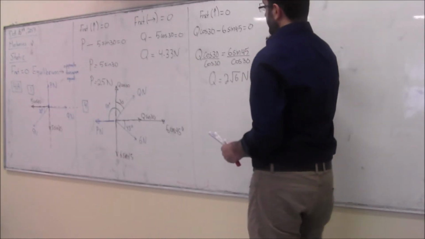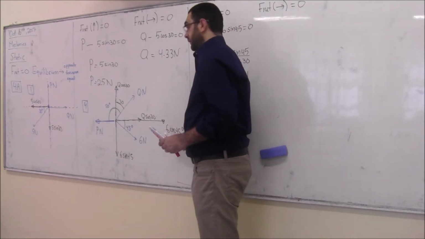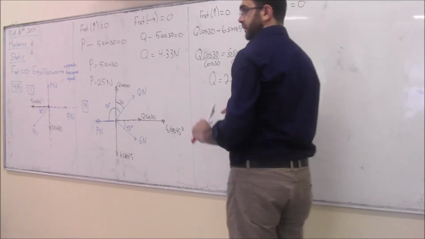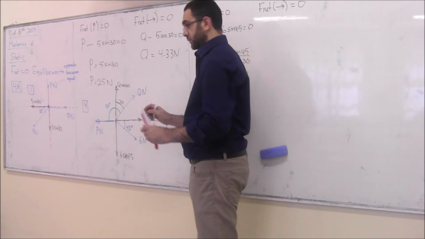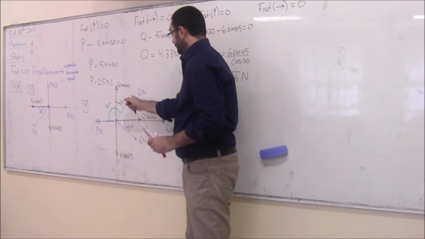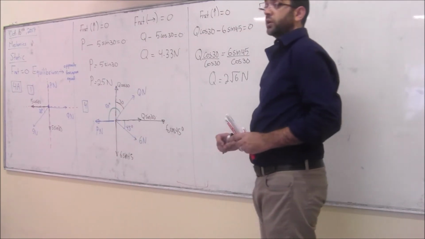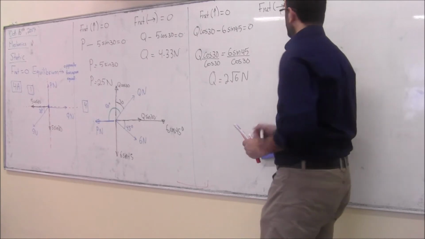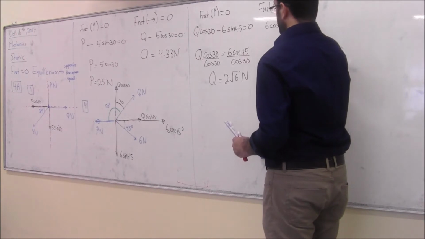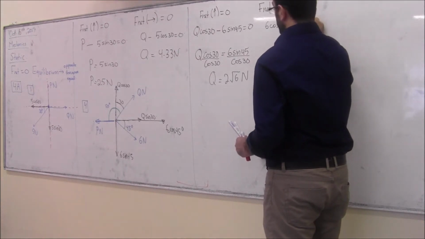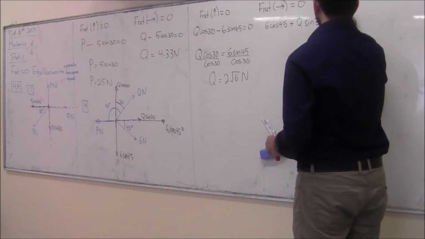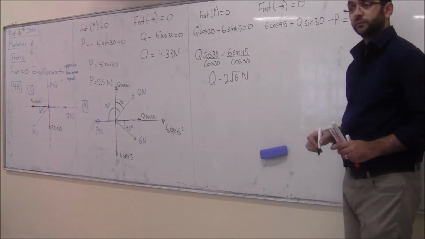Along the horizontal, what do we have? We have 6 cosine 45, Q sine 30. We will check, no matter. I will check it. 6 cosine 45, Q sine 30, P, along the horizontal axis or x-axis. So this is 6 cosine 45 plus Q sine 30, minus P equals 0.